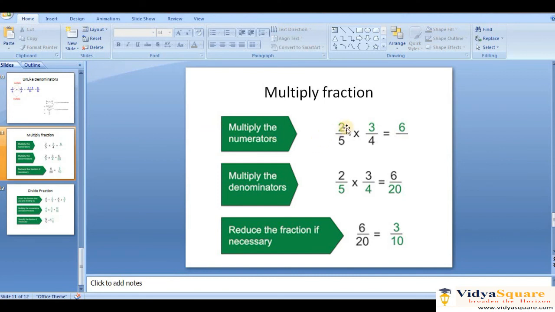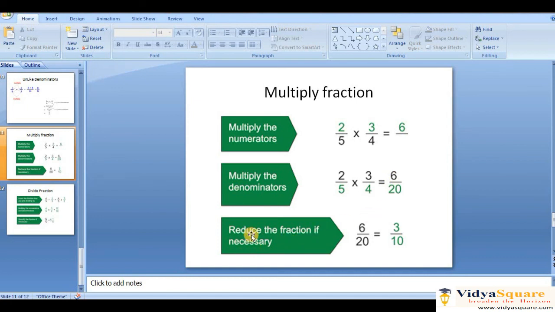Here the numerators are 2 and 3. So just multiply 2 by 3, 6. Then step number 2, multiply the denominators. So 5 into 4, 20. So I'll put 20 in the denominator. So 2 by 5 into 3 by 4 is equal to 6 by 20.